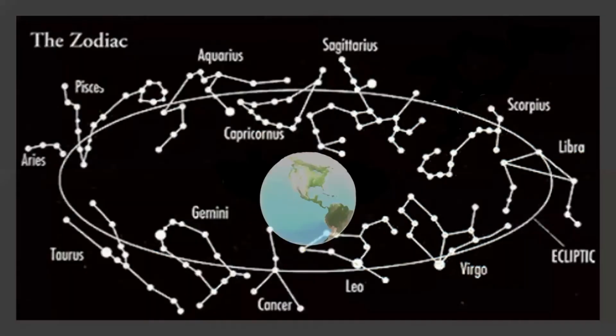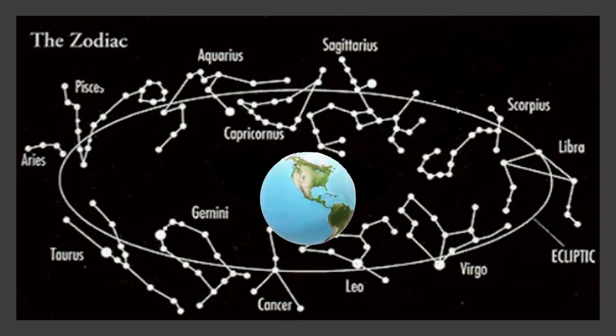The stars of the constellations, or zodiac, are fixed in the sky. They do not move in relation to the rotation of the Earth around the sun. The Earth, as we all know, makes a complete rotation on its axis once every 24 hours.